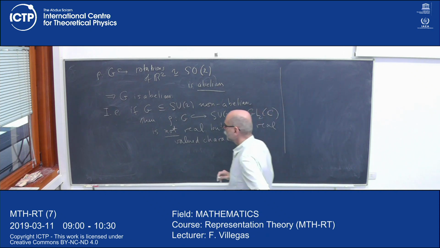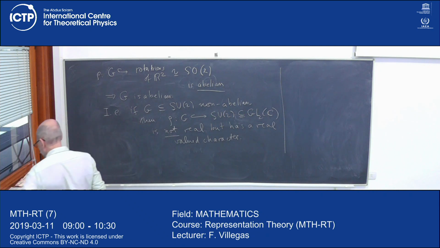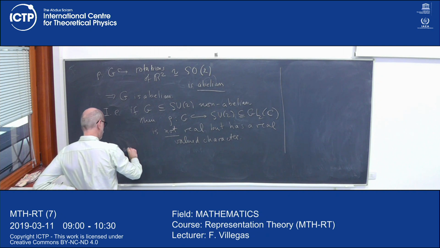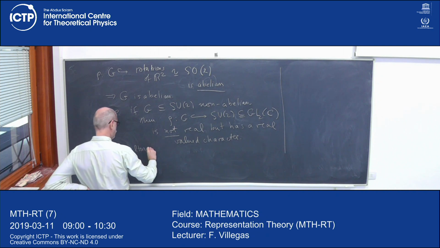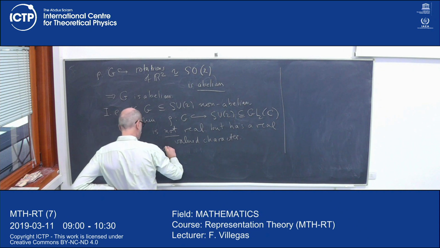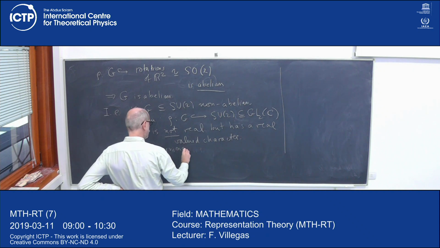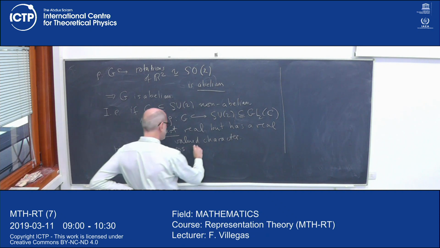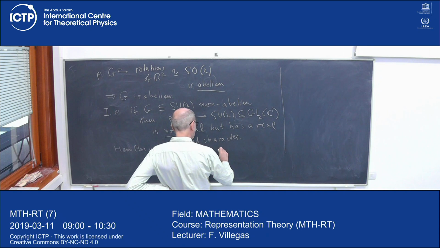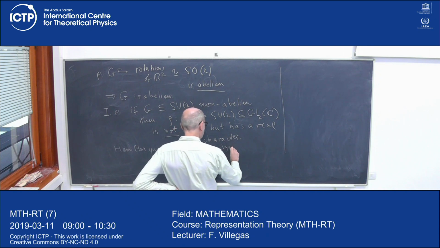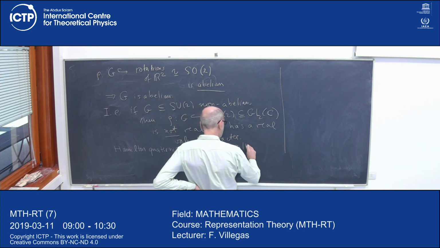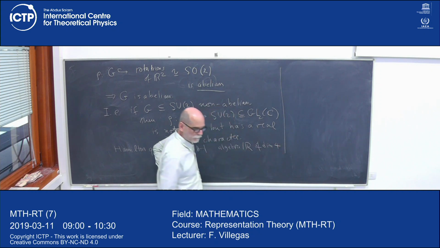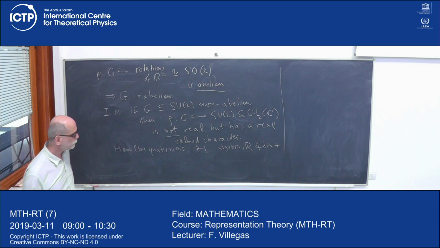To do this, let me introduce one more thing, which are the Hamilton quaternions. This is an algebra, usually denoted by H, over R of dimension 4. So it's a vector space over R of dimension 4.